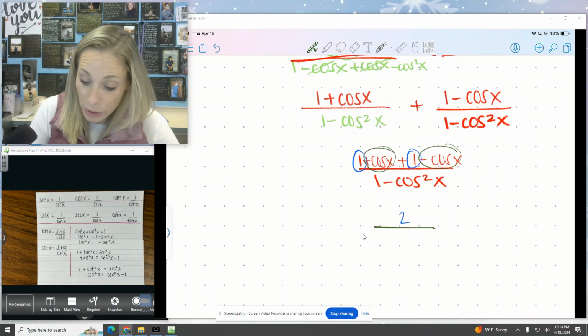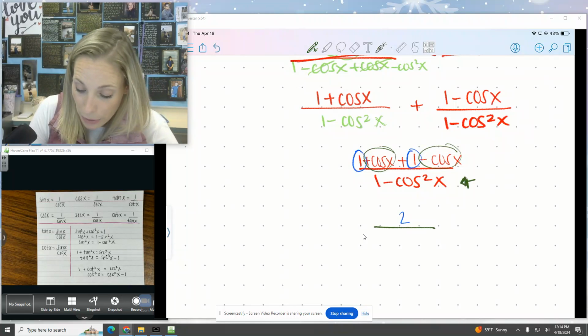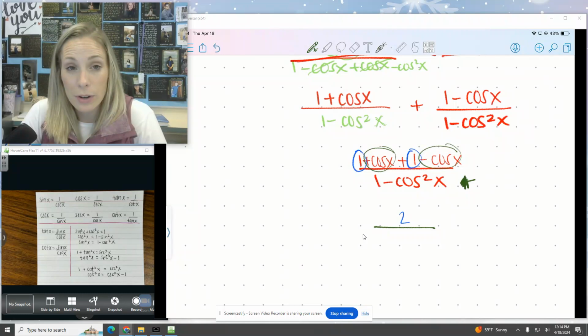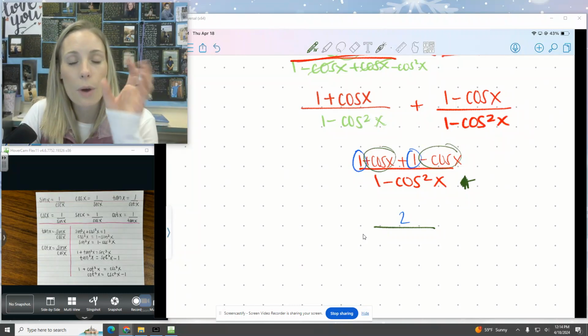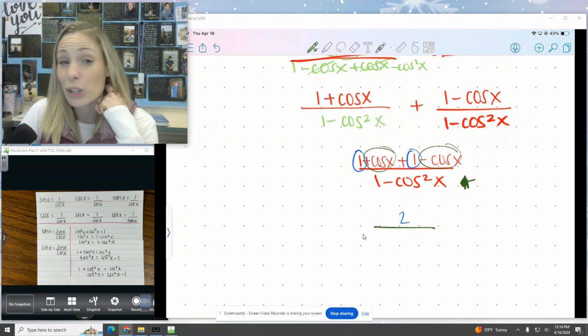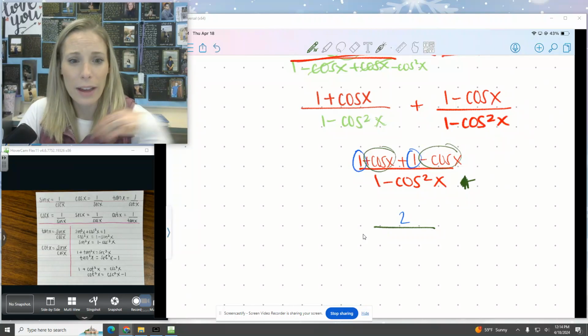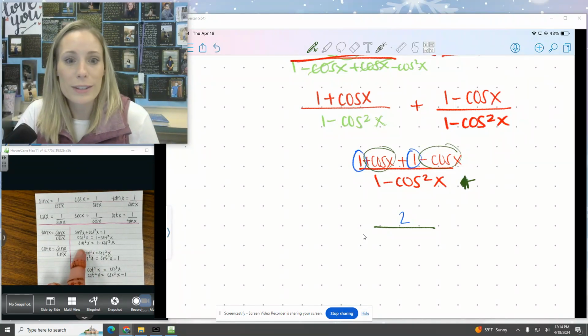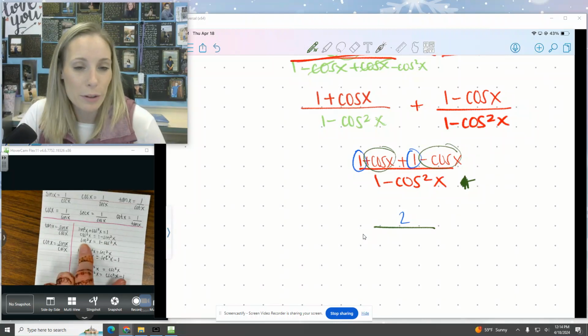Now, the other thing that I notice is this is a Pythagorean identity. And if you have those identities memorized, they just start popping out of the screen at you. It's like smacking you in the face. Oh my God, I see a 1 minus cosine squared of x. That's sine squared of x. So right here, I don't know if you can see where I'm pointing, but I'm pointing at the bottom left part of the screen.